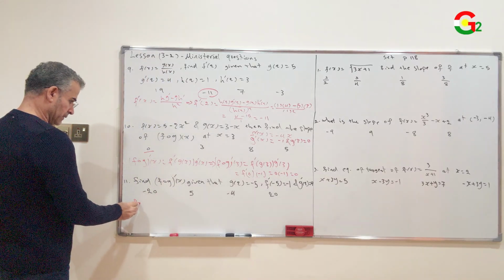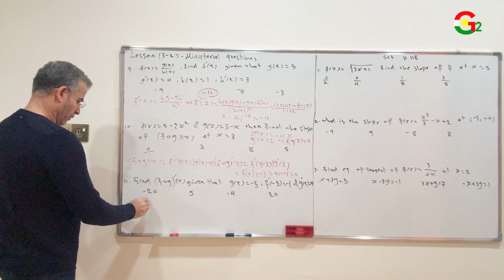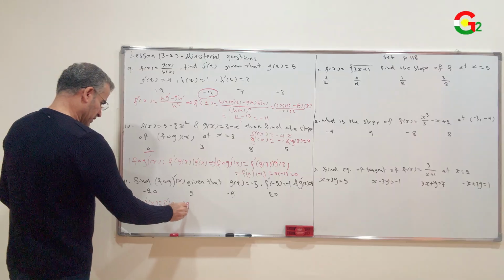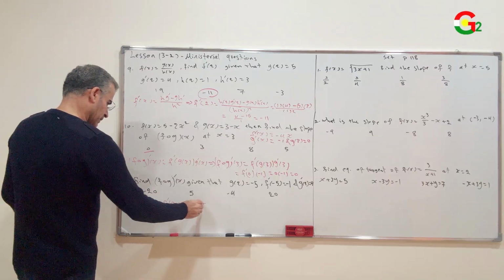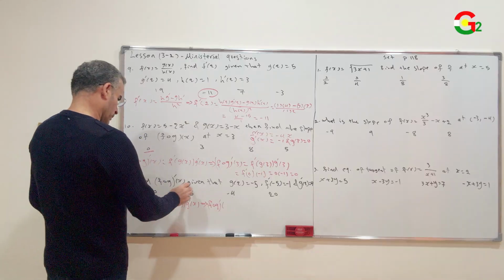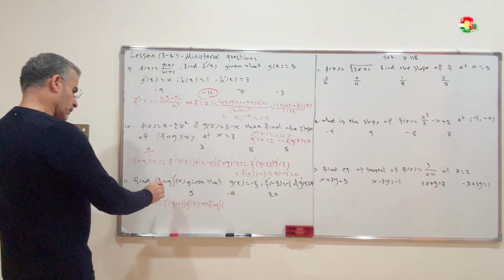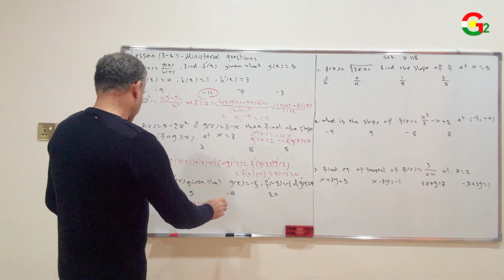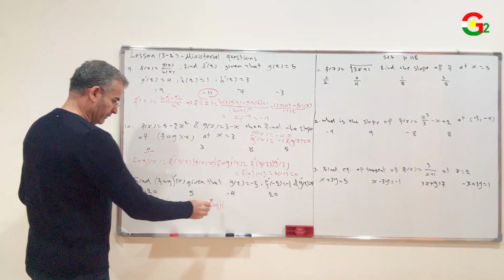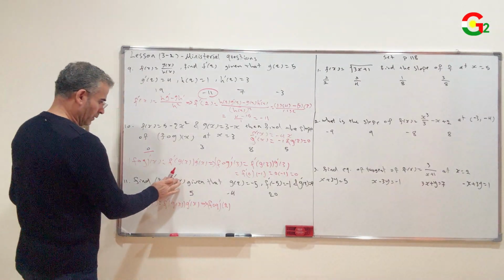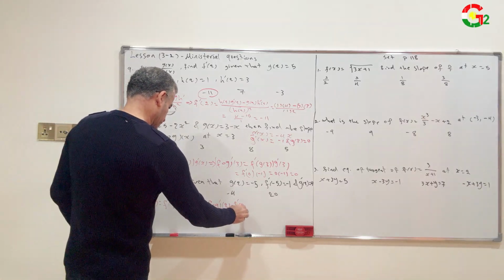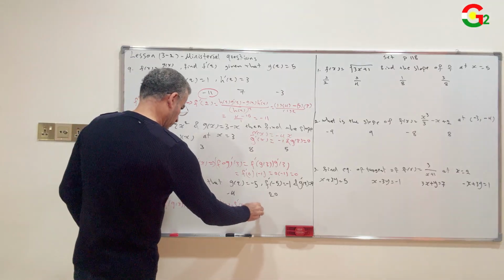f o g prime of x equal to f prime of g of x times g prime of x, and f o g prime of 2 equal to f prime of g of 2 times g prime of 2.